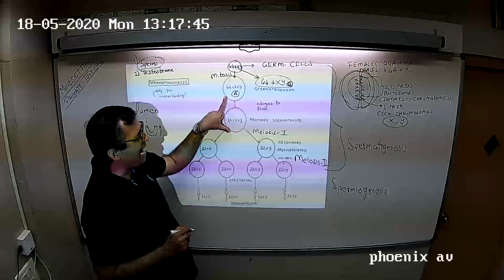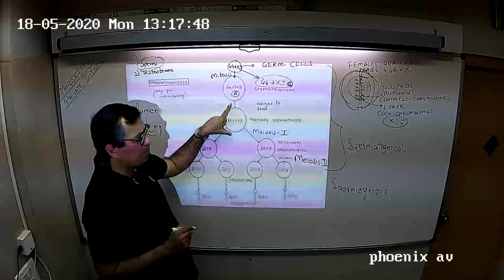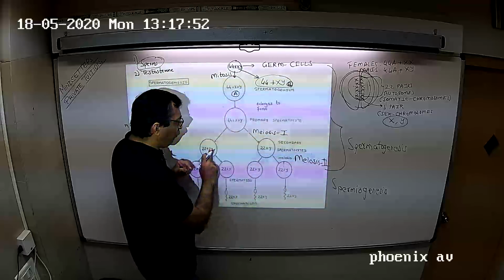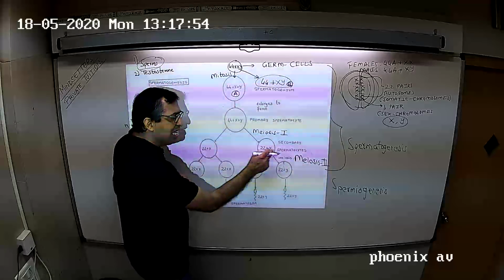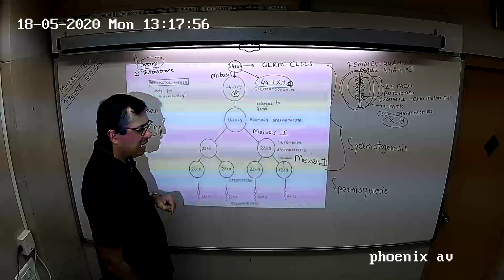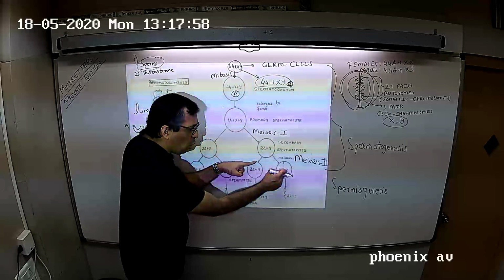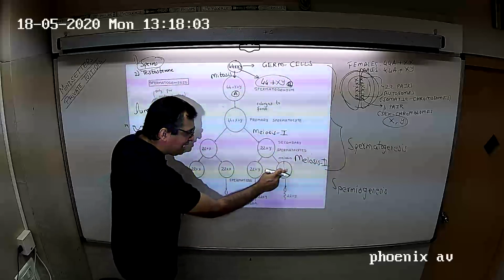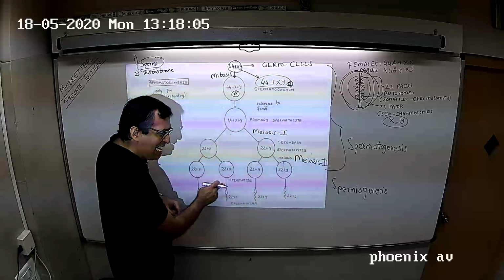So once again, germ cells undergo at puberty mitosis to form spermatogonia A and B. Spermatogonia A enlarges to form primary spermatocytes, undergoes meiosis 1 to form 2 haploid secondary spermatocytes. Secondary spermatocytes undergo meiosis 2 to form 4 haploid cells called spermatids.